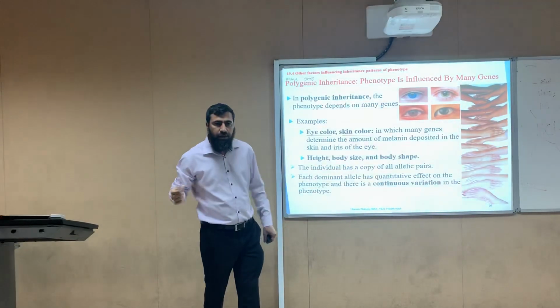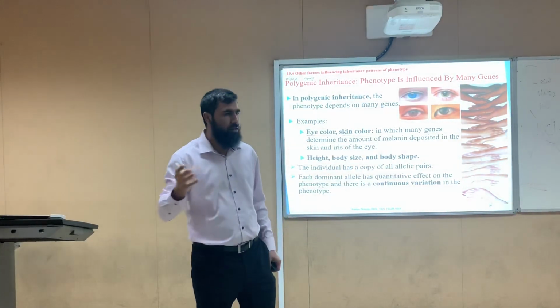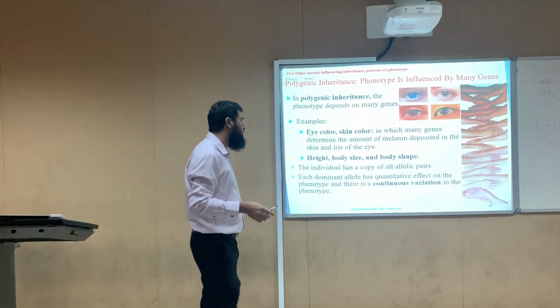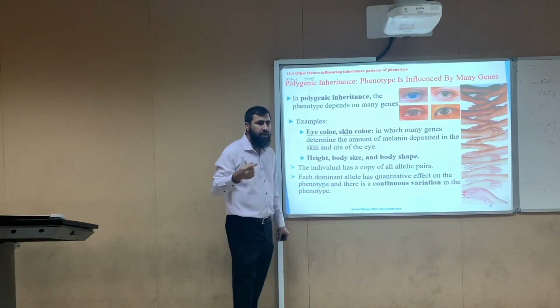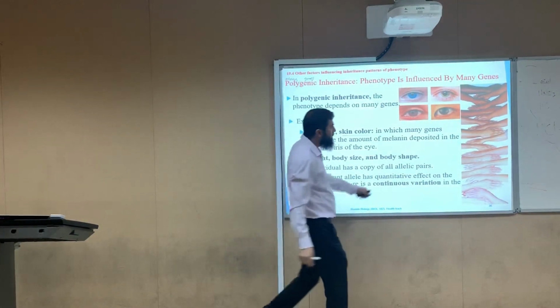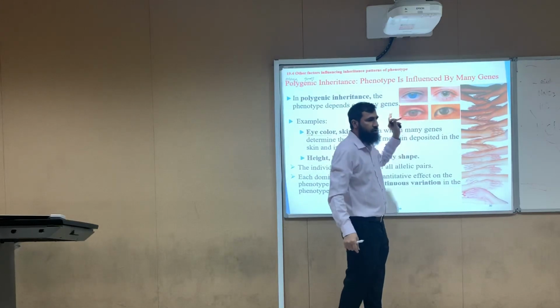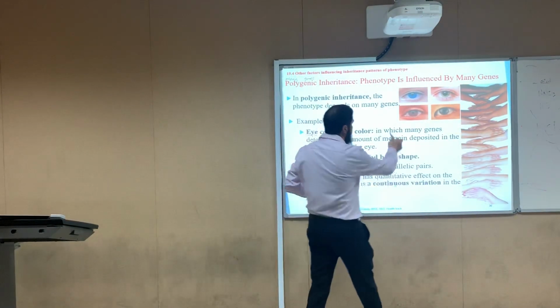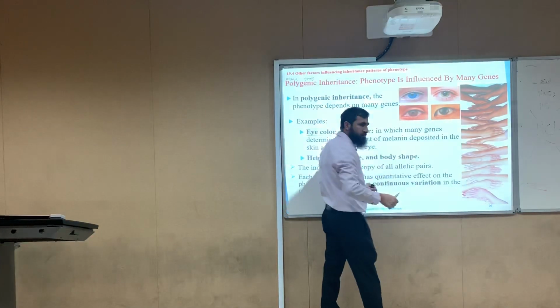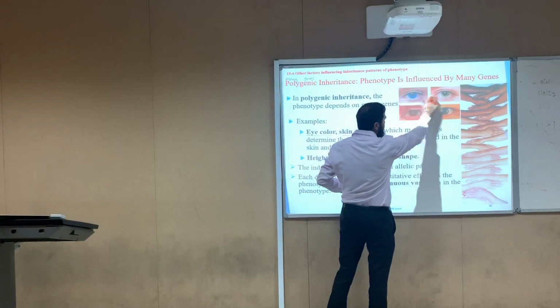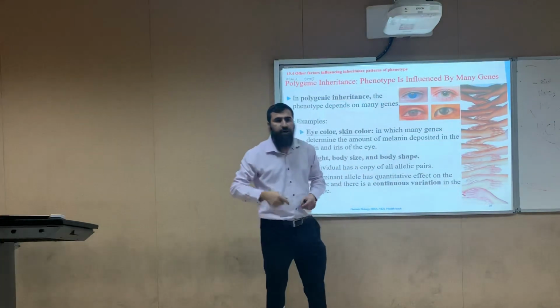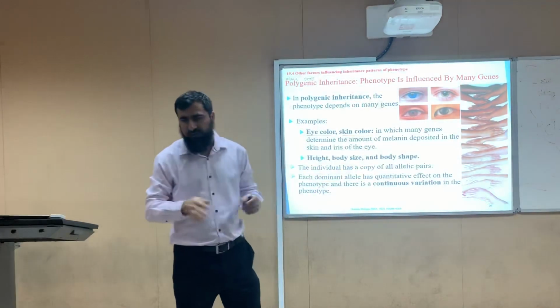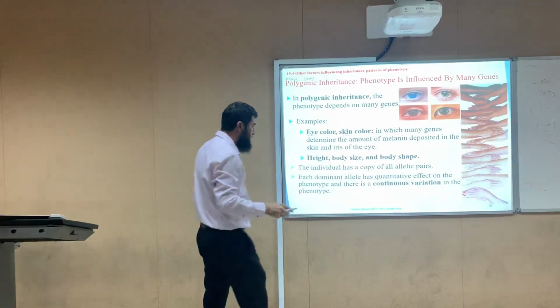The accumulated expression of many of these genes can determine the color of the eye, from blue to black, with variation in between depending on the expression of the different genes. So you get a continuous variation.